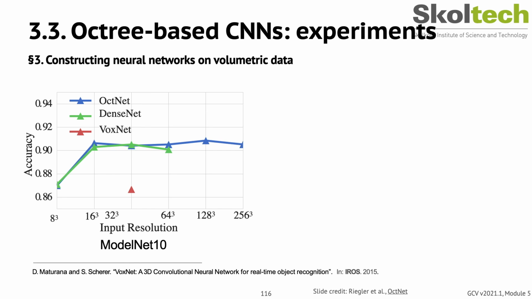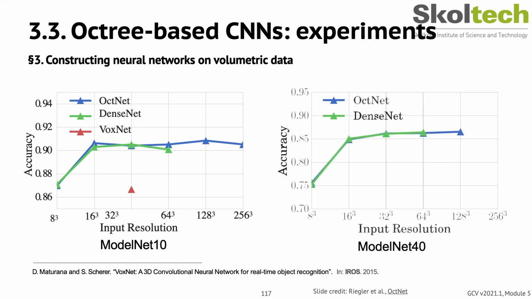In terms of accuracy on, for example, ModelNet 10 and ModelNet 40, what we can see is that the dense and the octree-based models are actually indistinguishable in terms of accuracy. Specifically, the networks perform basically the same on the ModelNet tasks for a number of input resolutions.